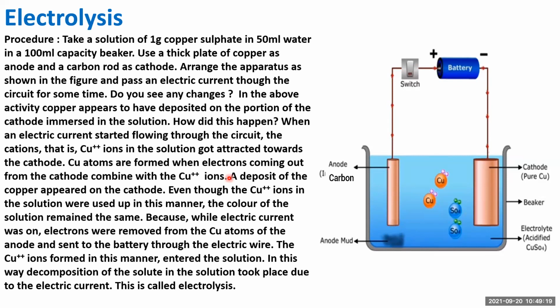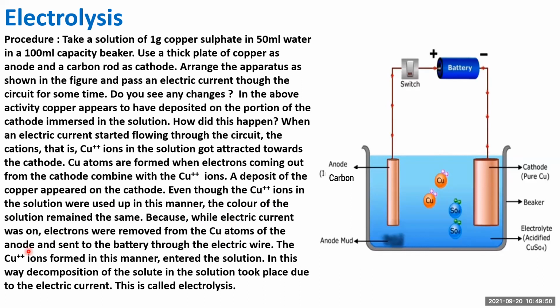See here, the copper is deposited and the electrode becomes thicker, or a shiny surface can be observed on this electrode. Even though the Cu2+ ions in the solution were used up in this manner, the color of the solution remains the same, because while electric current was on, electrons were removed from the Cu atoms of the anode and sent to the battery through the electric wire.